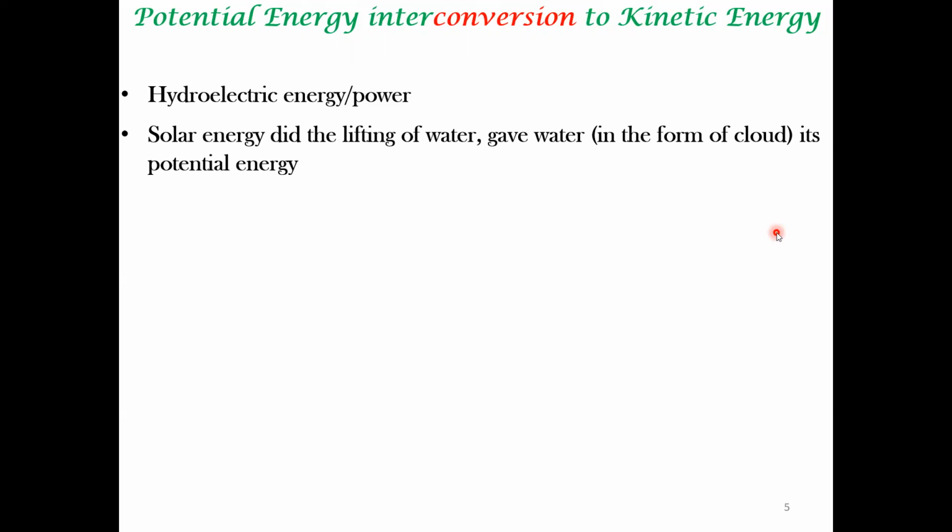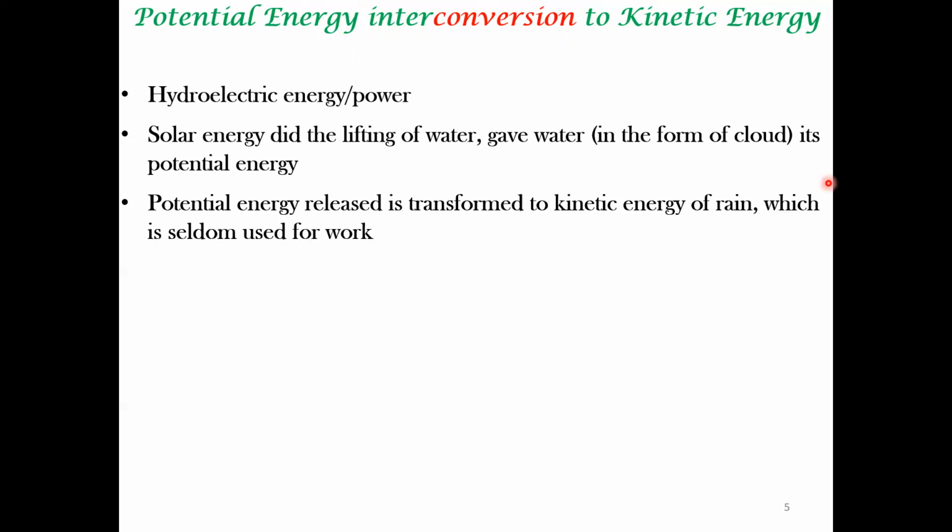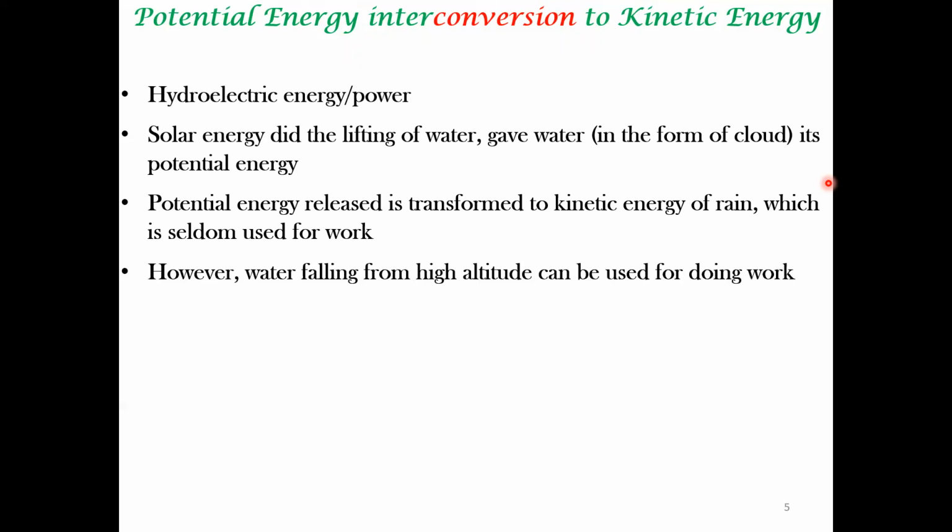So that's the potential energy you have after evaporation has been done by using solar energy. So the potential energy released is transformed to kinetic energy of the rain, which is not typically used for work. However, when rainwater falls at a higher altitude, that can be used for doing work. Okay, so that's the essential principle of a hydroelectric energy conversion device.